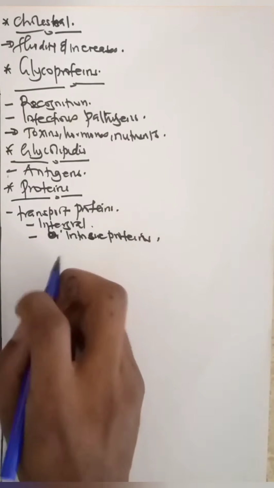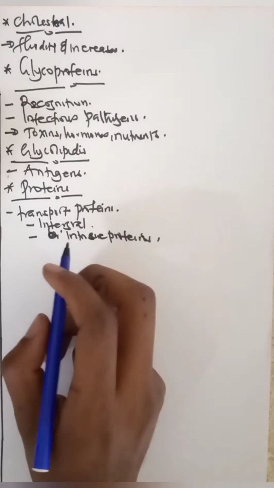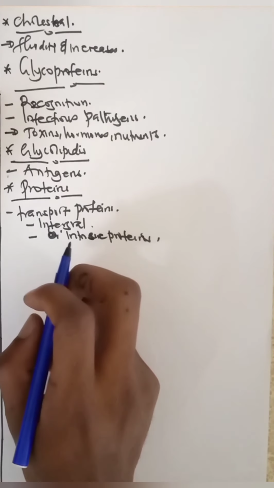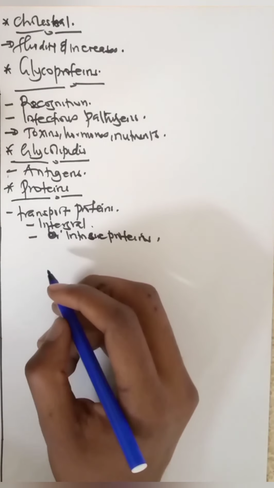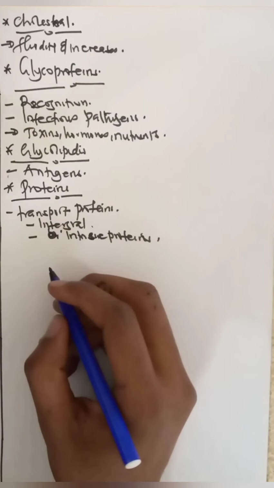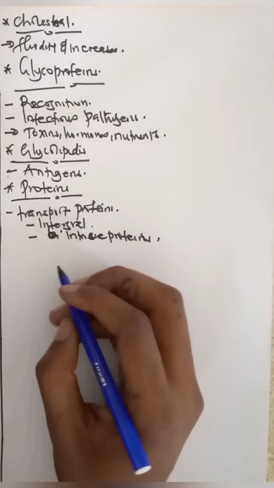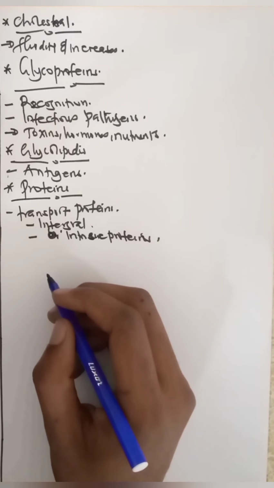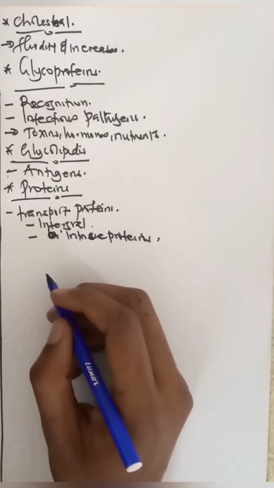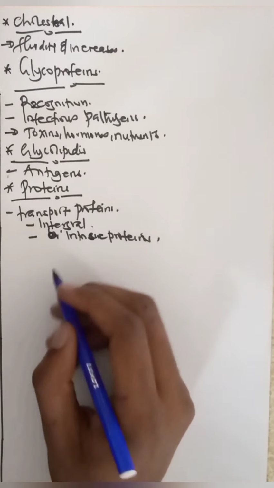As we are concluding with the proteins, in as far as the plasma membrane is concerned, we must also appreciate that several models describe the arrangement of proteins and lipids in the plasma membrane. For example, we have the lipid bilayer model originally proposed for membrane structure, and this was done by Davson and Danielli in 1935.